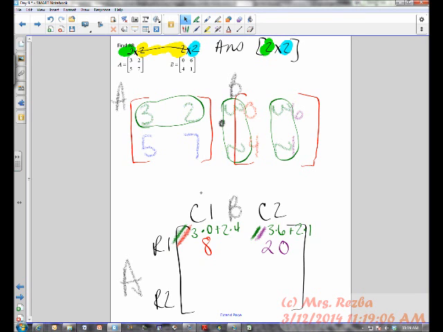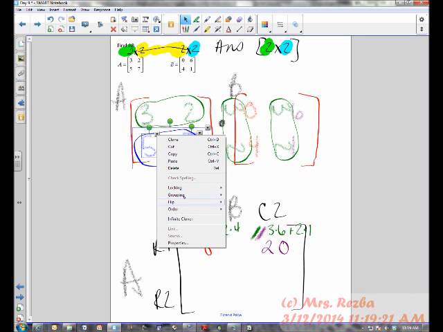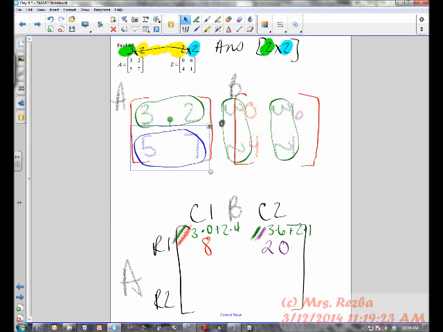Okay, now we're down to the bottom. We want to take row 2, column 1. Row 2 is this beautiful blue row down here in matrix A. So remember, my row comes from A. So that's the guy I want to look at next. I'm going to group these guys together and get them cloned so we can see how they're going to move.